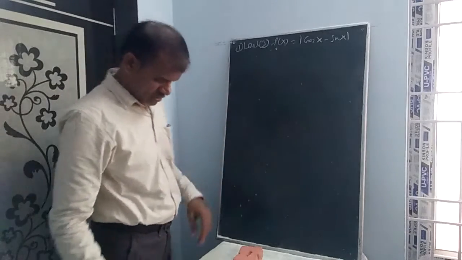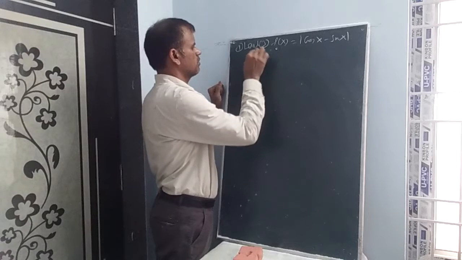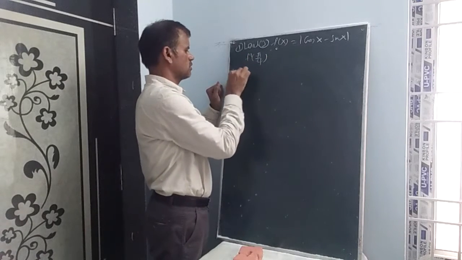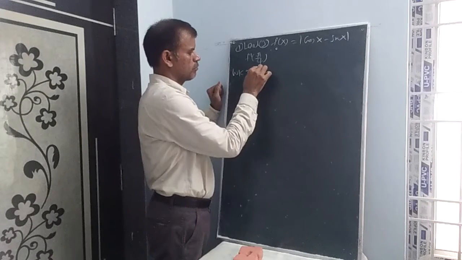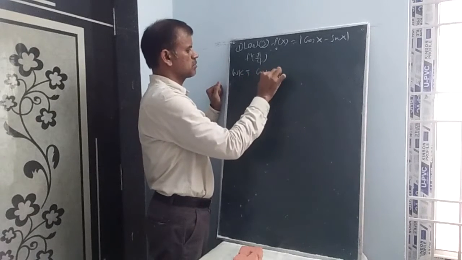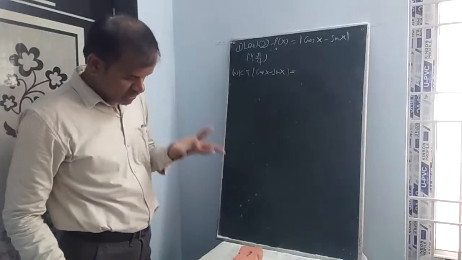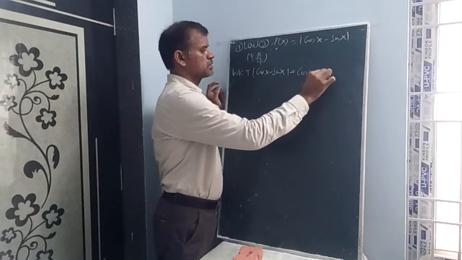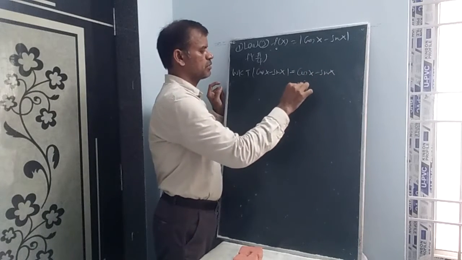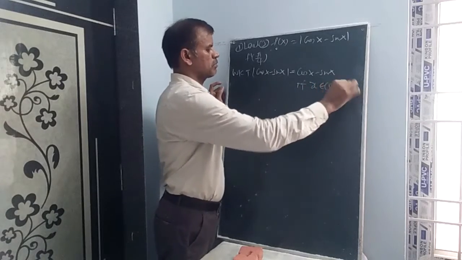Let us verify regarding f dash pi by 4. We know that modulus of cos x minus sin x is equal to cos x minus sin x if x belongs to 0 comma pi by 4.